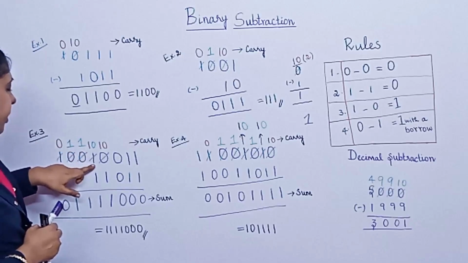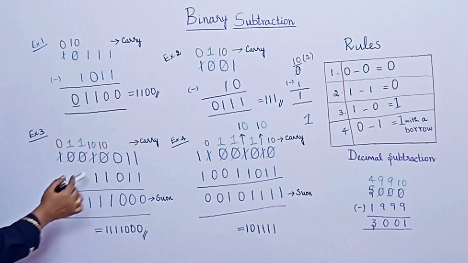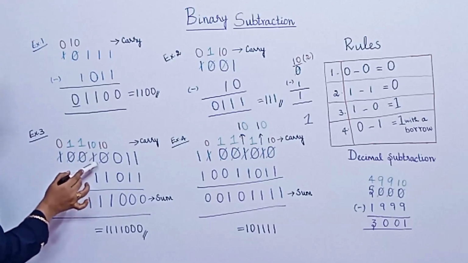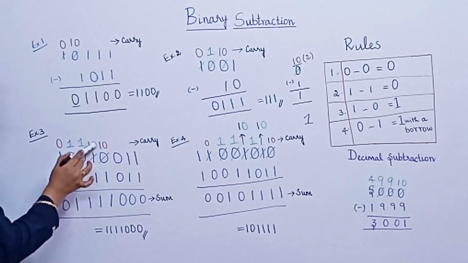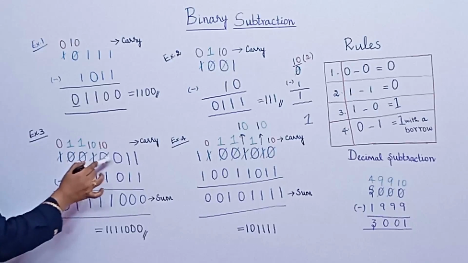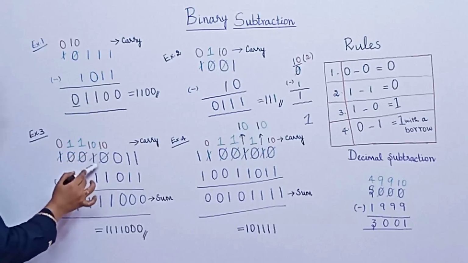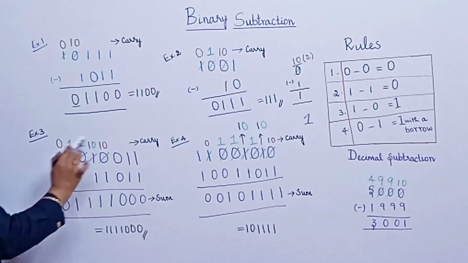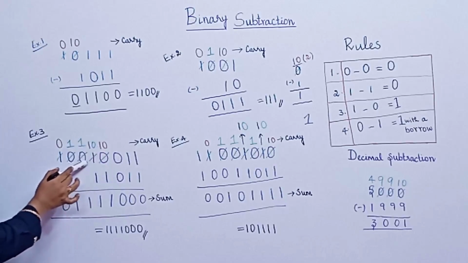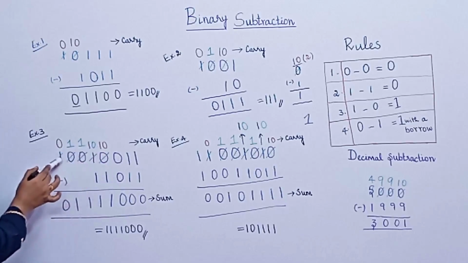Similarly, here in this one, before borrowing it was 0 only, because it has already given a number to the next digit. So it was initially 0 only. It is represented in green color. So again 0 minus 1, we are borrowing, and the passing zeros become ones.